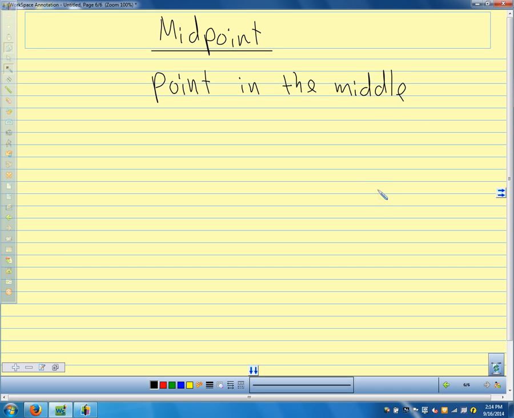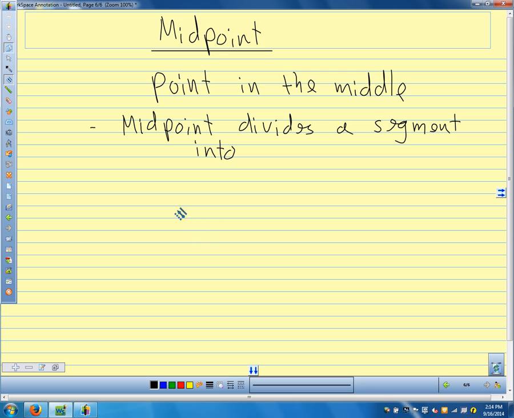That's what the midpoint is, the point in the middle. Just to make it a little more precise, the midpoint divides a segment into... so if our point is in the middle, let's draw a picture here real quickly, because I think we know the answer here.